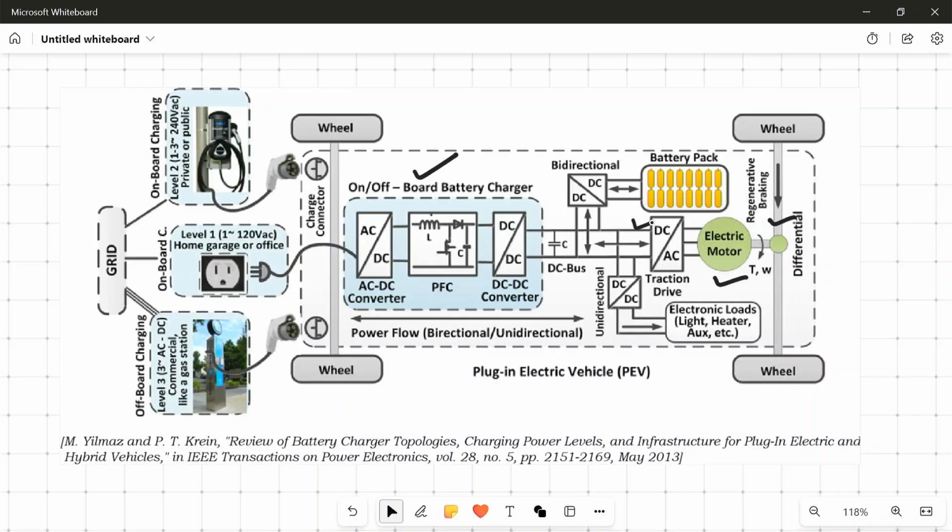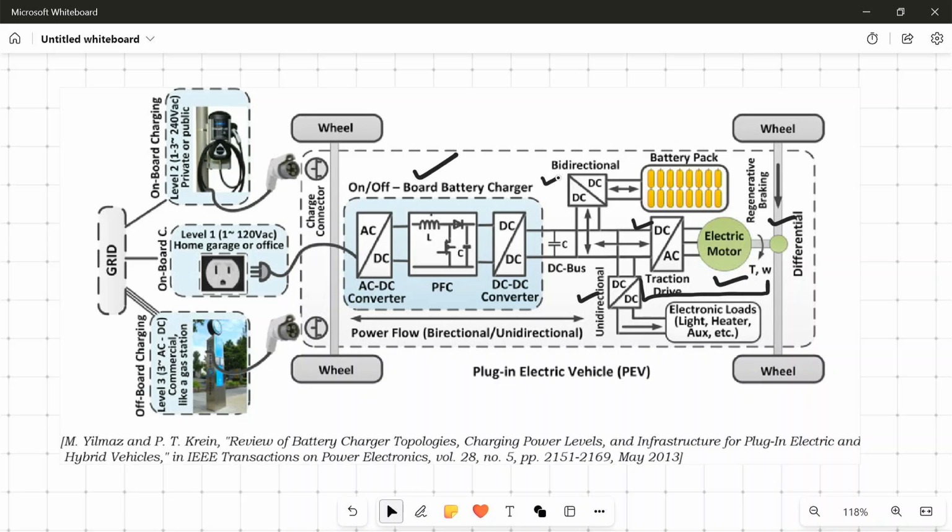Together it forms the motor drive unit for the electric vehicle. We may have some other DC-DC converters which are required for auxiliary units, and a DC-DC converter for charging and discharging the battery pack as per the requirement.